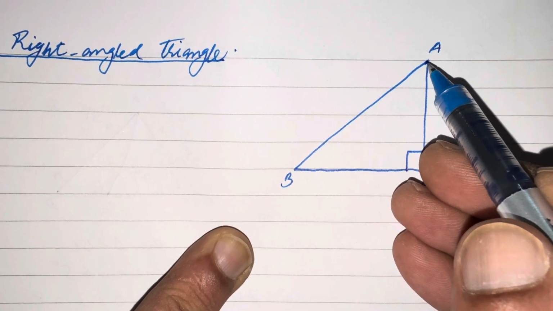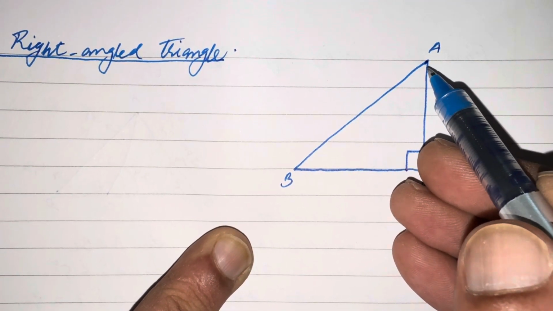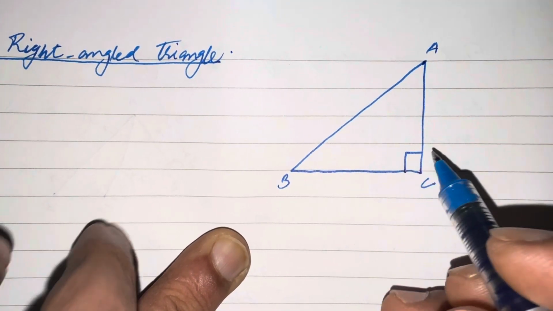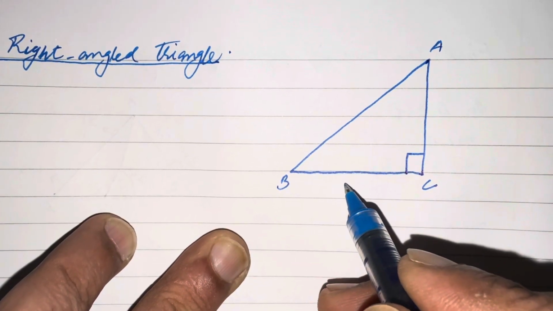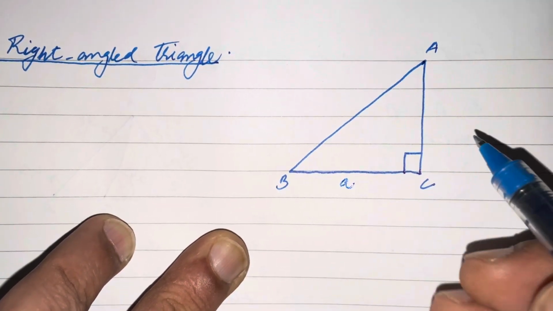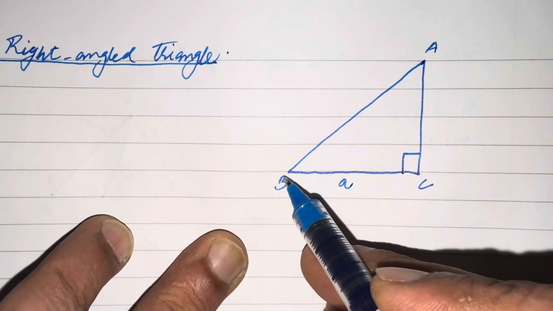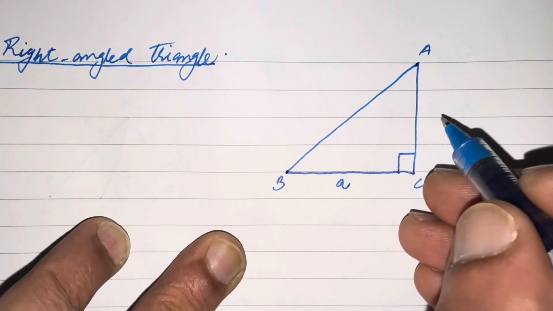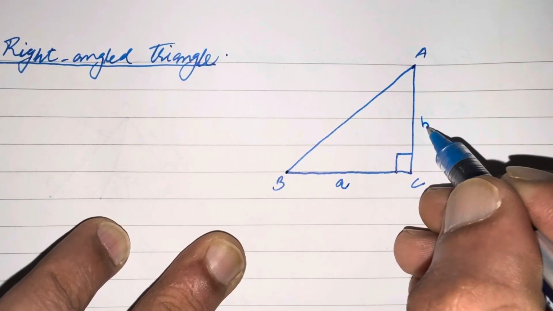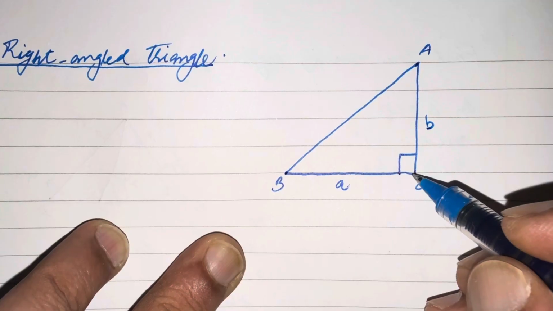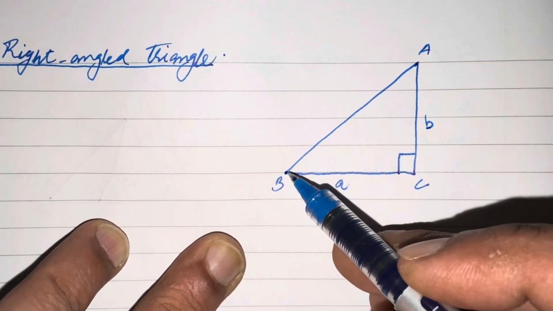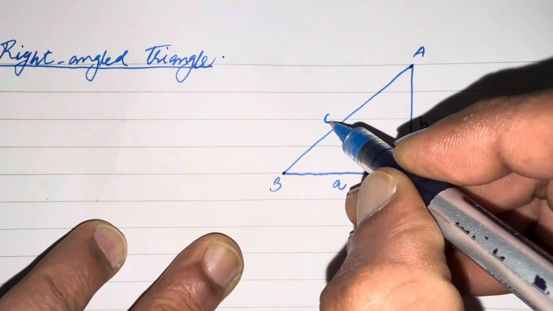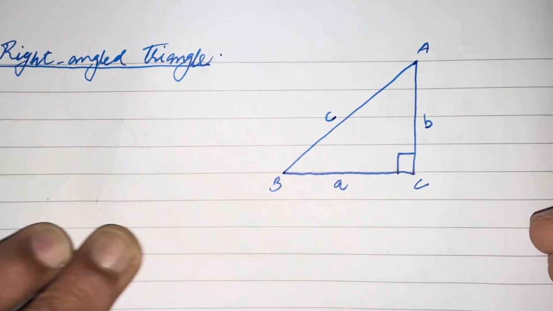Opposite this point there is the side BC, and we give the name of this side as small a. Opposite to this point, the side AC is given the name small b, and opposite this point, the side AB is given the name small c.